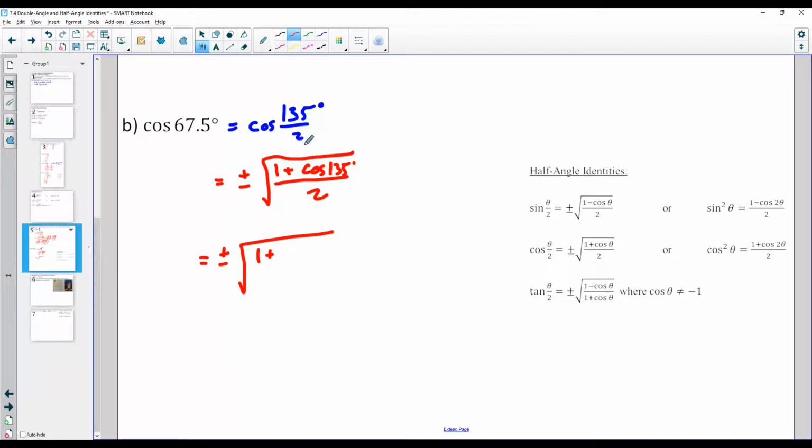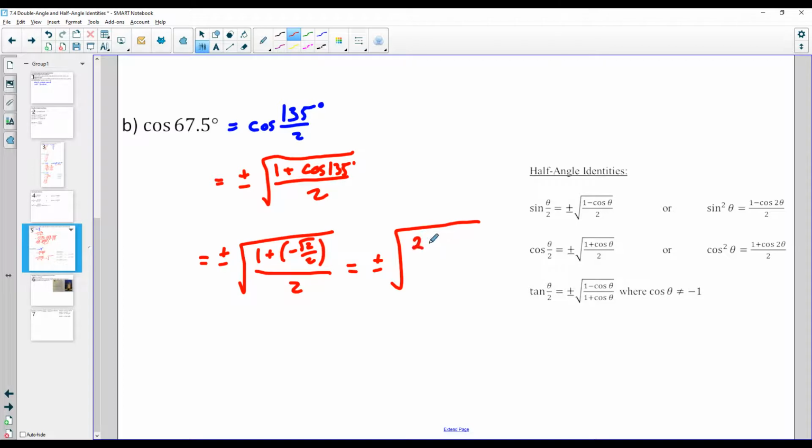Again, you can do your reference angles and everything if you need to. Please ask me if you don't know how to do it, but that would just be negative square root 2 over 2, all over 2. We're going to do a similar thing here where 1 is really 2 over 2, right?